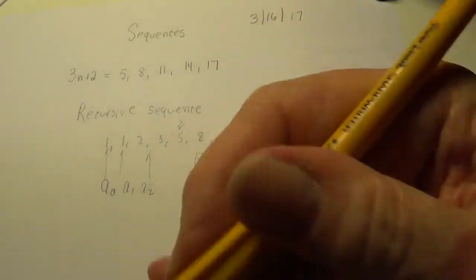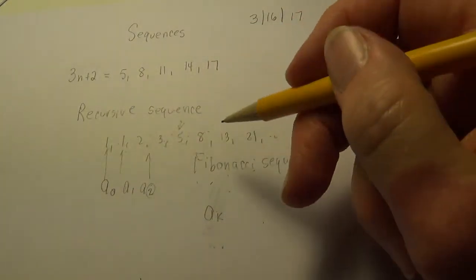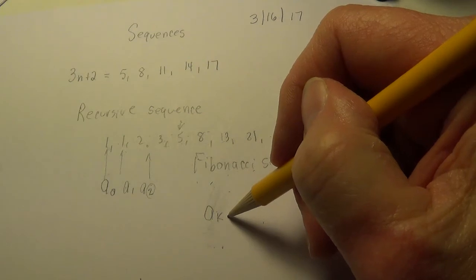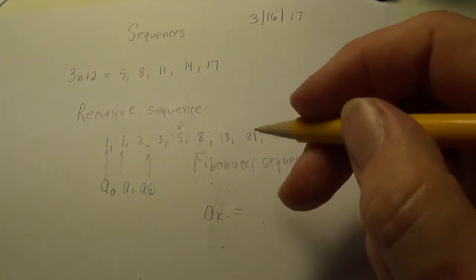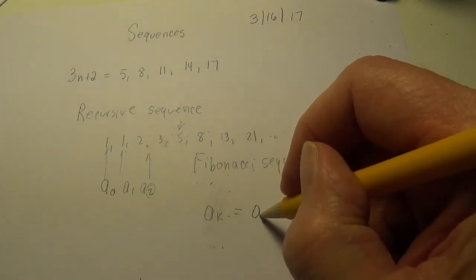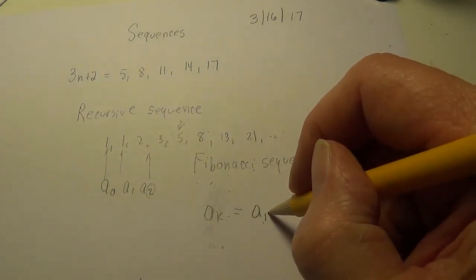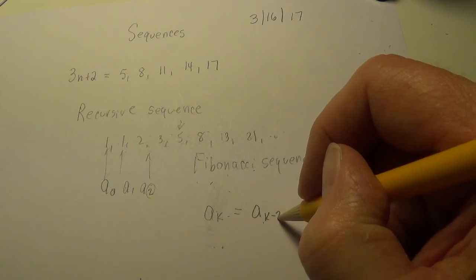So in this sequence, I can find any term I want, a sub k, by adding two terms back, which is going to be designated as a sub k minus 2.